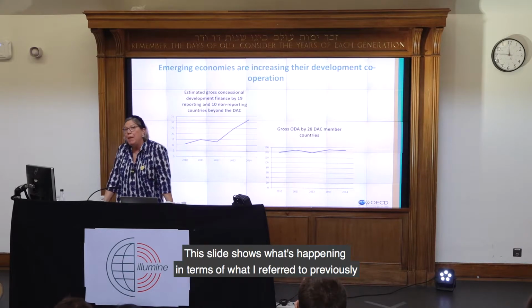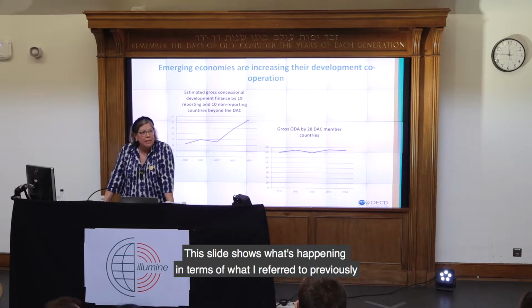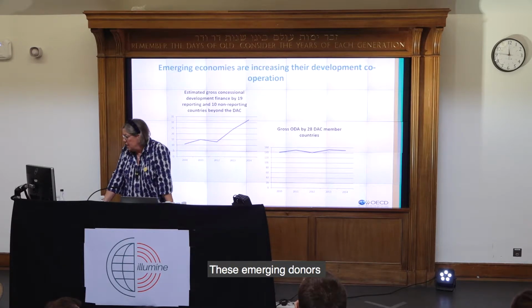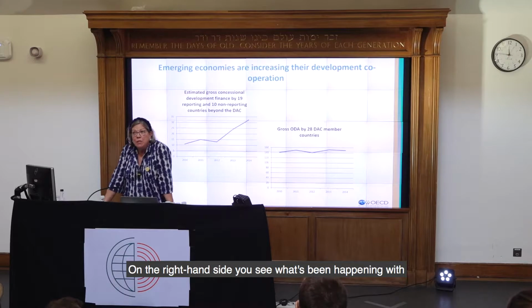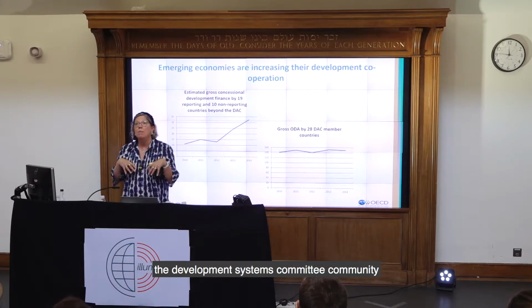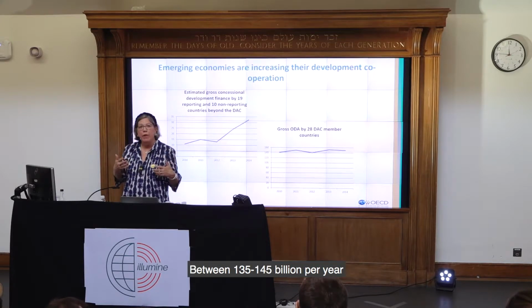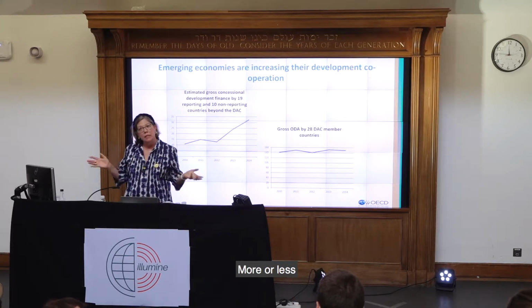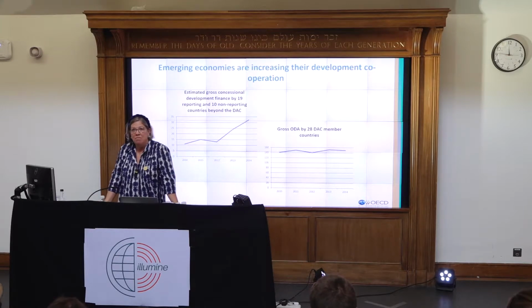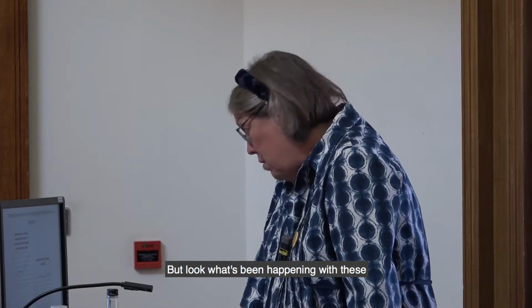This slide shows you a little bit about what I referred to previously, these emerging donors. On the right-hand side, you see what's been happening with the Development Assistance Committee community. They've been providing between 135 and 145 billion per year, more or less on average over the past 8 years. But look what's been happening with these developing country donors: China, Turkey, India, Brazil, Indonesia, Malaysia.